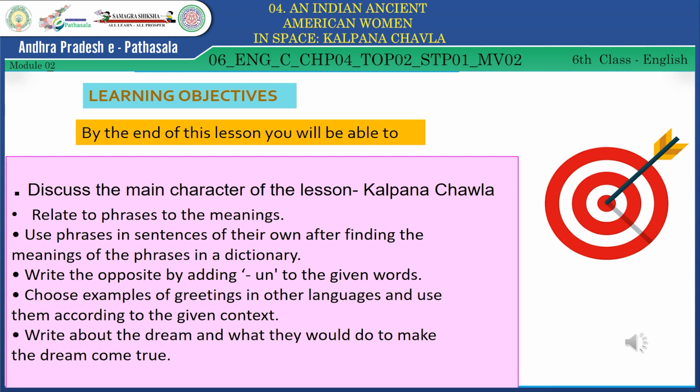Write the opposite by adding "un" to the given words. Choose examples of greetings in other languages and use them according to the given context. Write about the dream and what they would do to make the dream come true.